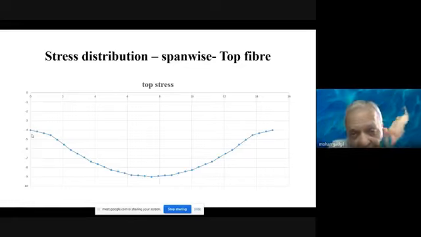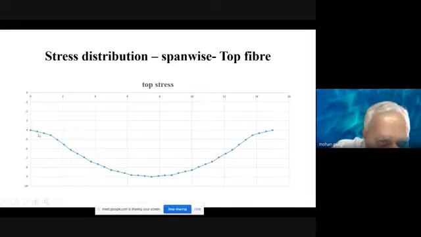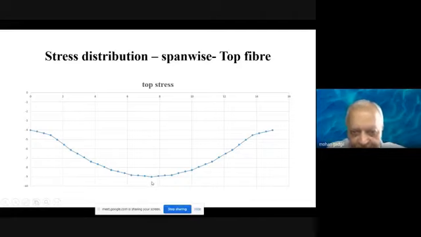So at the end there is no eccentricity, but there is uniform compression of -4 at the support, and at the center the compression is maximum at the top fiber, which is due to the bending moment as well as the direct compression. So I am getting the top fiber in compression all along.